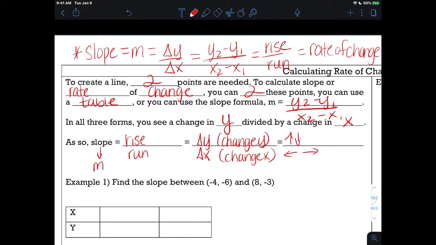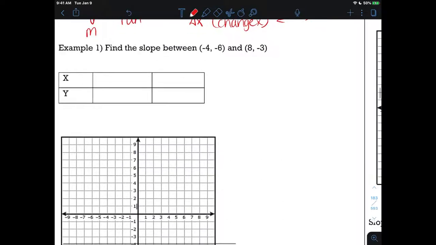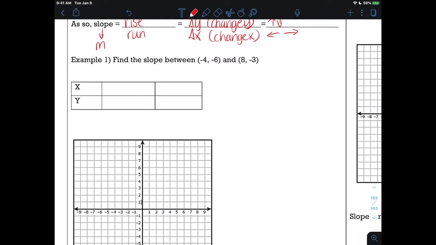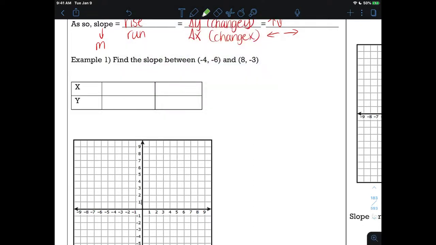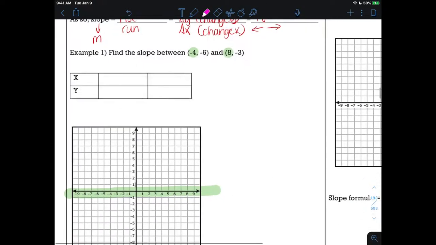Okay, so based on this information, let's go ahead and try and calculate the slope for a few different examples. So first here they tell me, find the slope between these 2 points. Okay, so first of all, let me go ahead and highlight my x's, right? I'm going to highlight my y's.